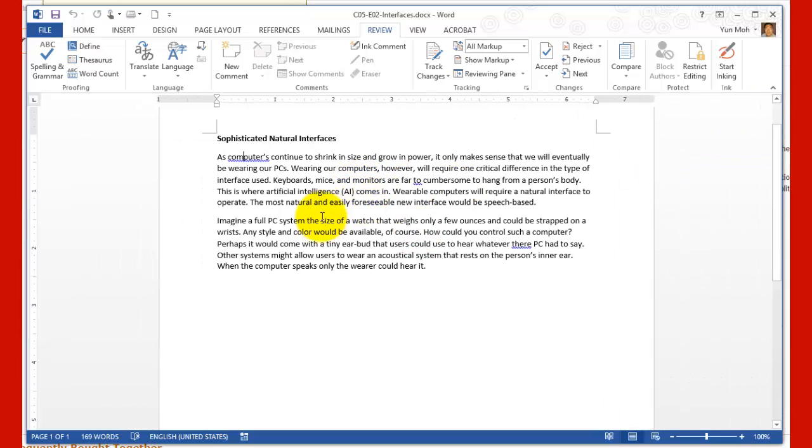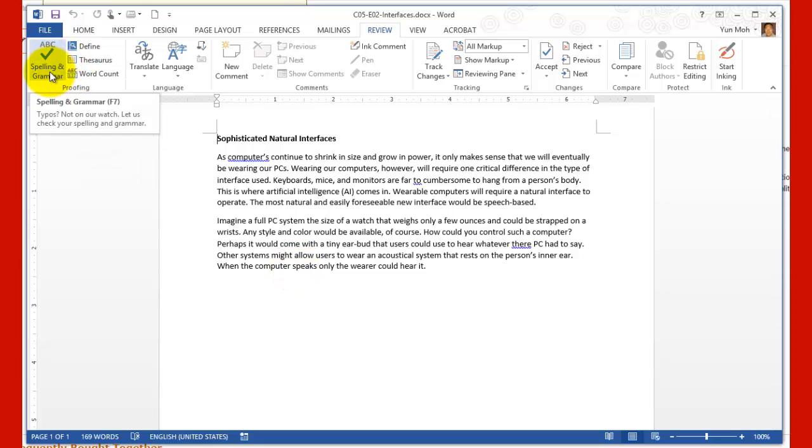So let me just go ahead and close this one first. Again, go to Review, and let me just press Control Home. That's the natural flow from the top.